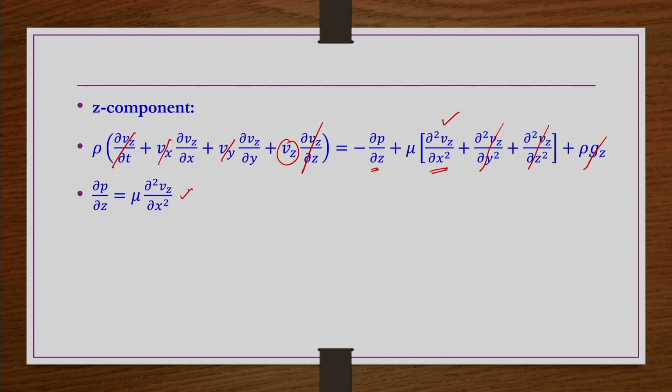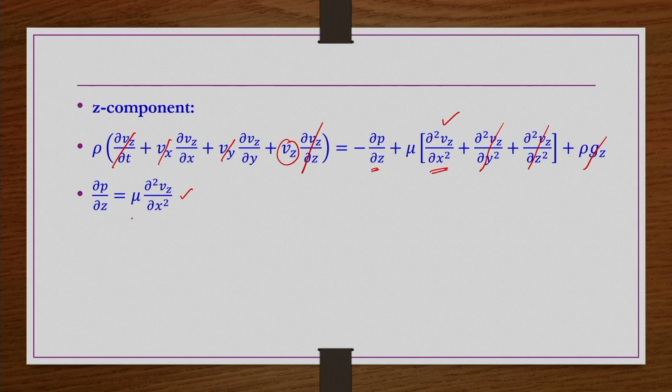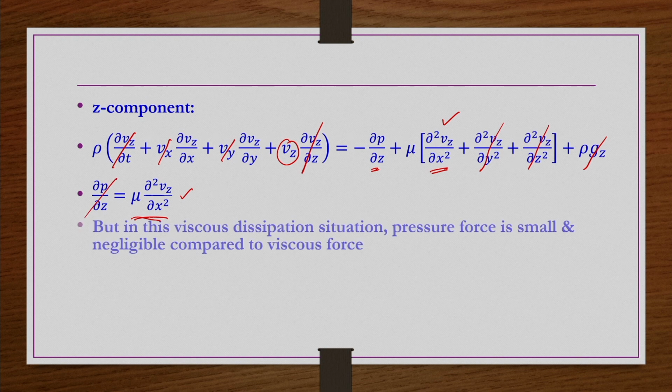But in the problem statement it is given that in these viscous dissipation problems, in general the viscous forces are very strong compared to the pressure and other forces. So, in comparison to these viscous forces, the pressure forces are small, so then we can strike them out. That is given in the problem statement also: pressure is very small and negligible compared to the viscous forces.